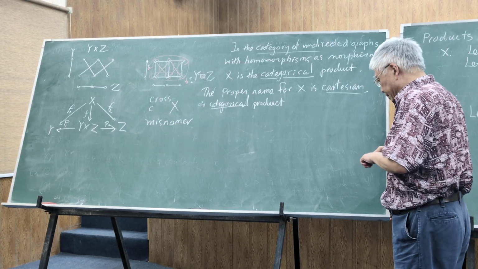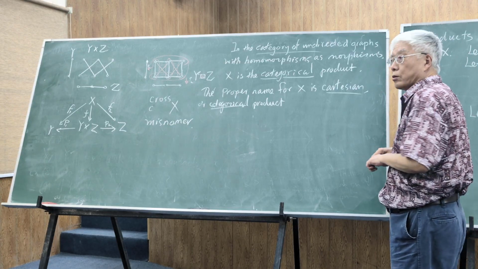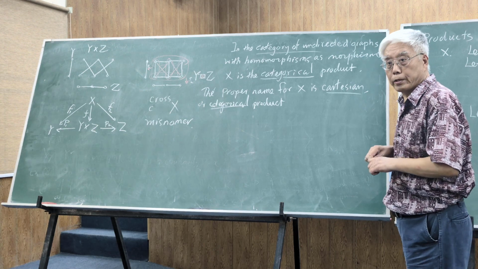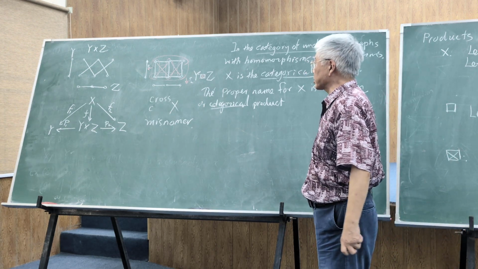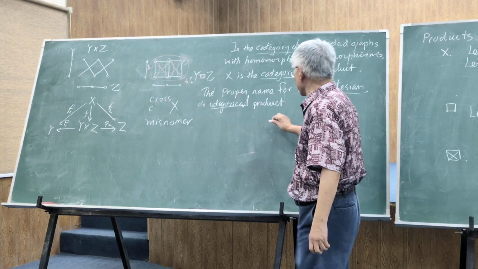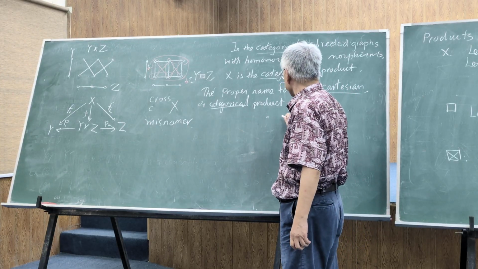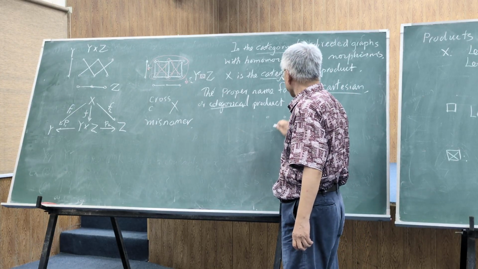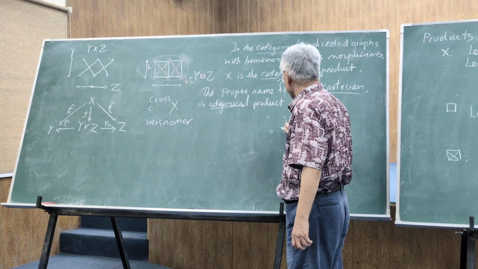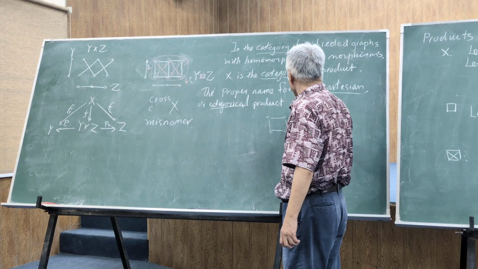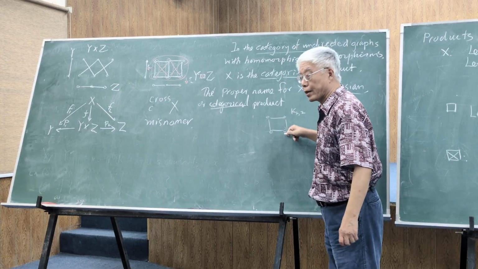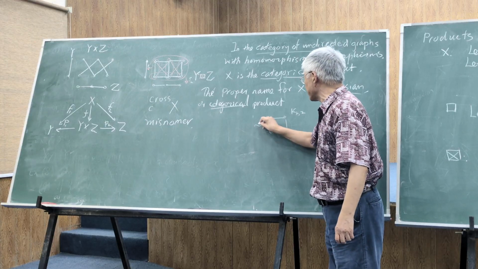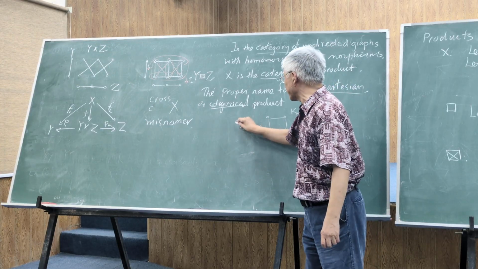Now this product is not a categorical product, even in that category. Let us simply illustrate it. Let us consider this, K22, the complete graph on two. This is the part, this is the part. Or you can represent it in another way.